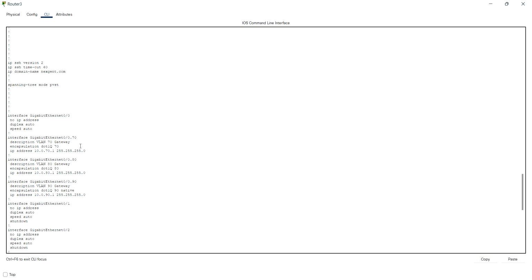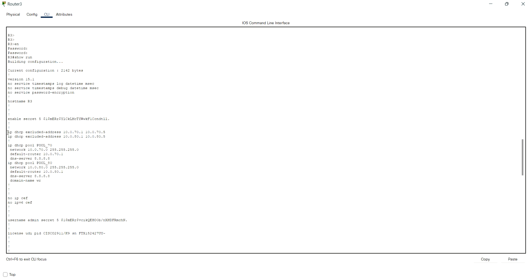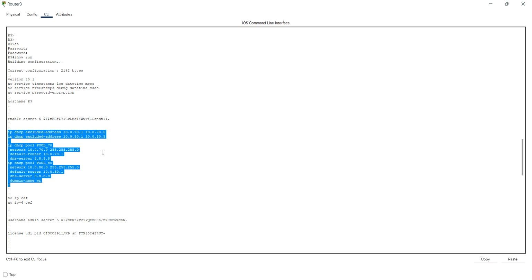And we configured DHCP pools on both VLANs, which you can see here. So we created pool 70 and pool 80. On pool 70, we excluded 10.0.70.1 through 10.0.70.5, and the network was 10.0.70.0/24.